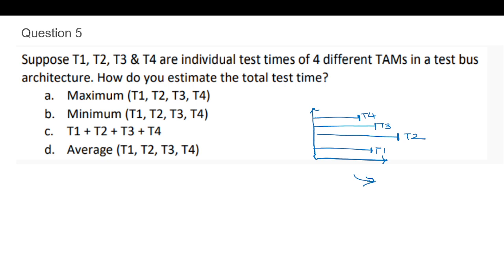T1, T2, T3, T4. This is the width and this is the time. Let's first solve this portion. Any answer? Yeah, so maximum means here it will be T2. These bits will be filled with the idle bits. The answer is maximum of T1, T2, T3, T4.